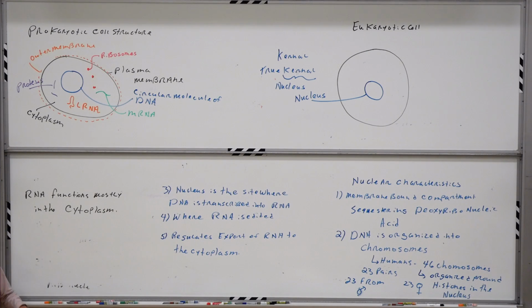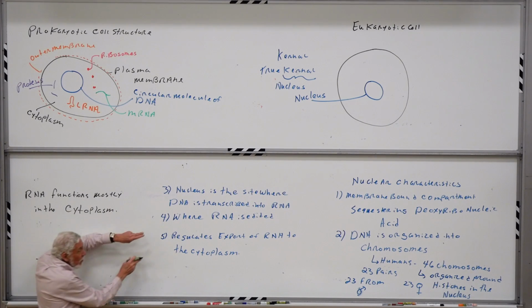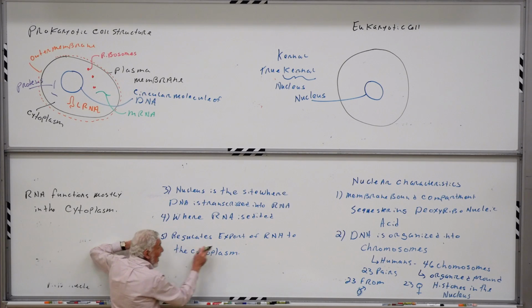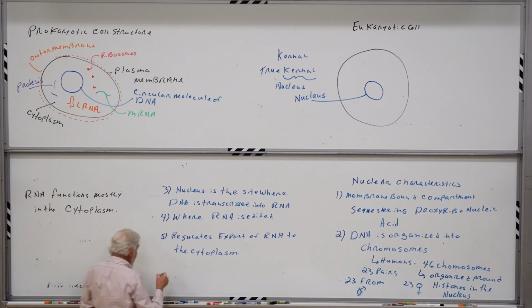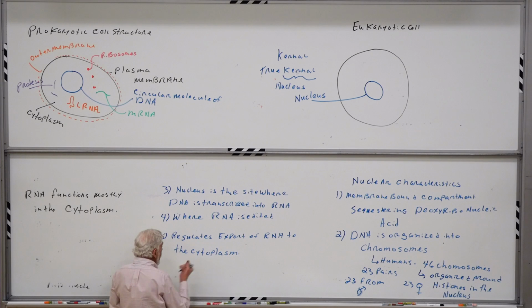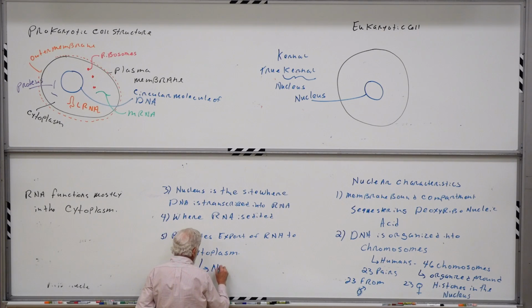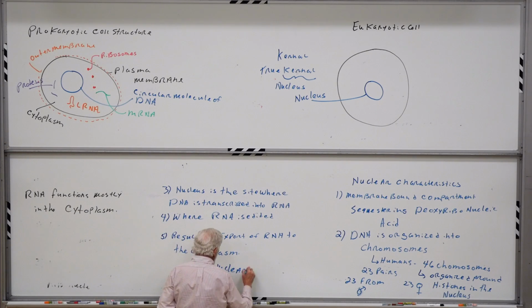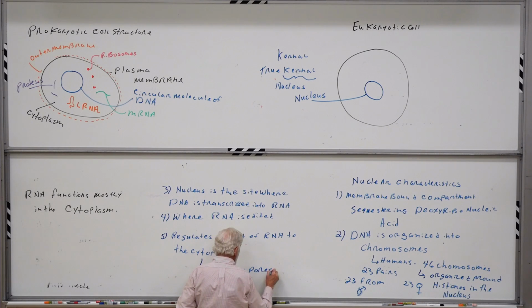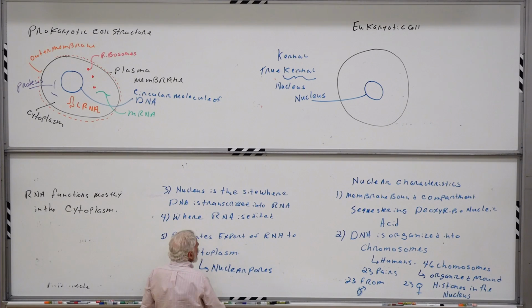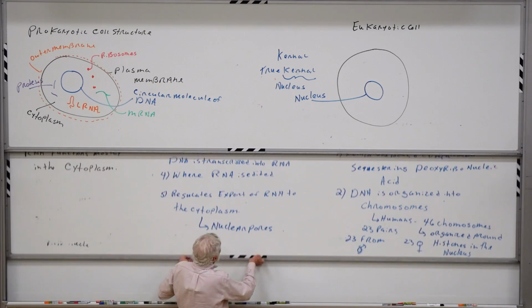So if you're going to make these gigantic molecules of RNA, which include the ribosomes, in the nucleus, but yet those gigantic molecules are going to carry out their function in the cytoplasm, there needs to be some mechanism of regulating the export of RNA into the cytoplasm, and this is largely done through structures called nuclear pores. So those are the fundamental things that are going on in the nucleus.